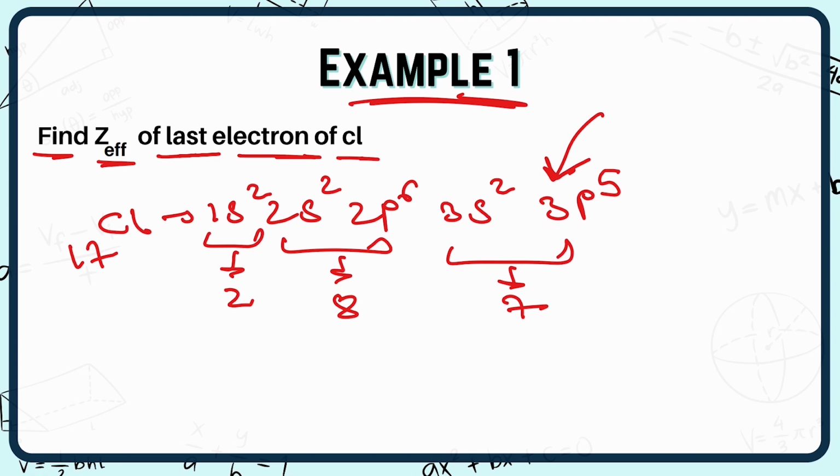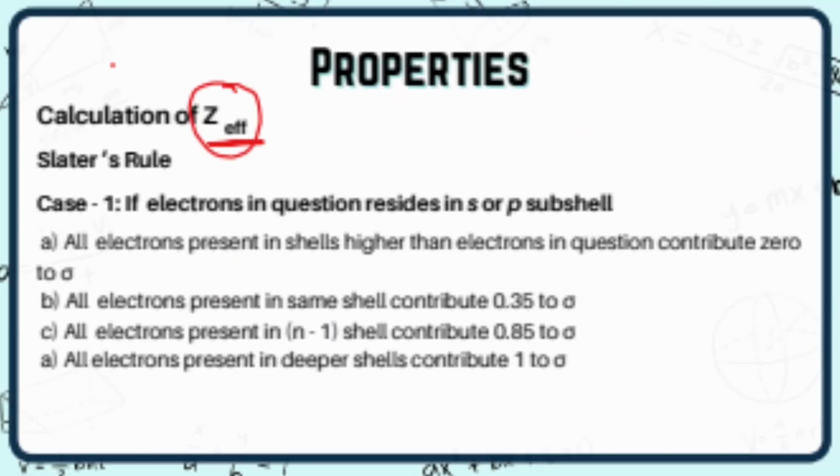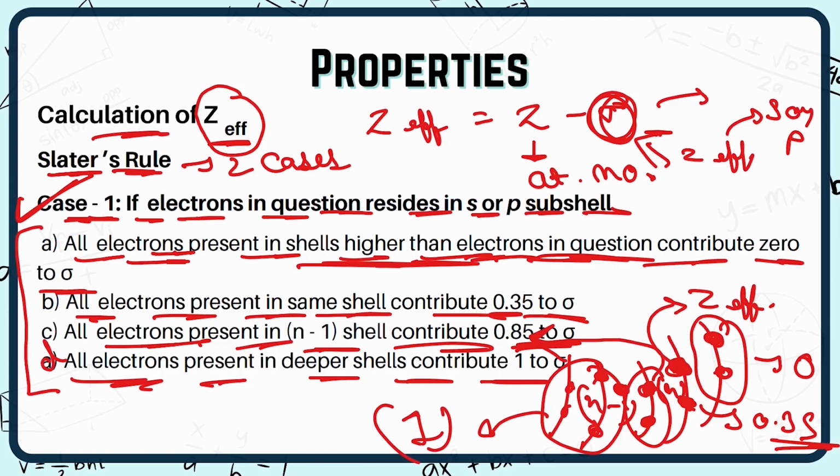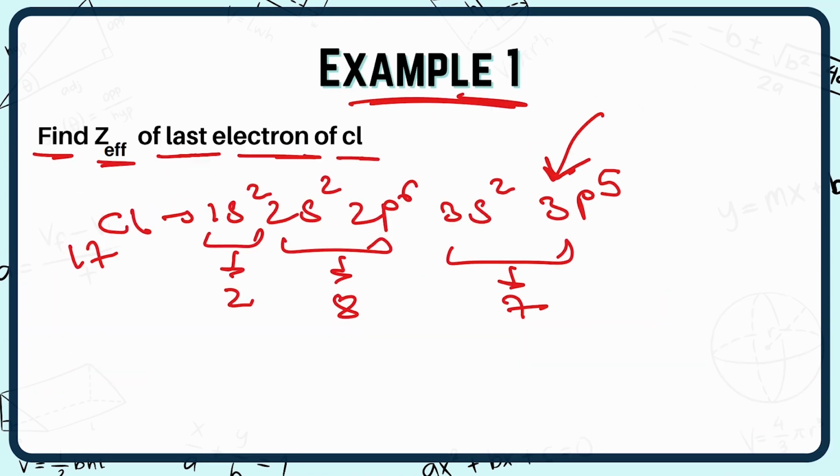So according to the formula, let's go back, the contribution by electrons present in shells higher than the electron in question. So there is no shell higher in our particular case, because it's the last electron, so it is not valid here. All electrons present in the same shell contribute 0.35. So contribution by 6 electrons left here, because 1 is being considered for the question only.